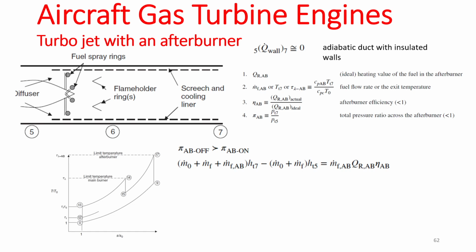So you're going to have m dot naught plus m dot f plus m dot f of afterburner multiplied by the enthalpy at stage 7, which is the exit of your afterburner, minus m dot naught plus m dot f times HT5. This is the energy balance for the afterburner.